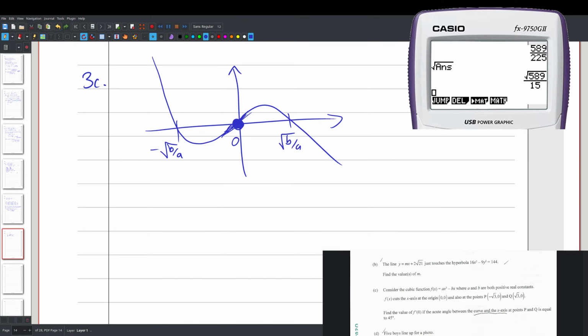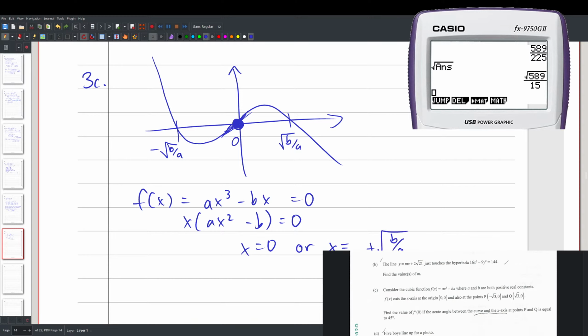So if negative root 3 is equal to negative root b on a, then, okay, I'll just write it out fully. If ax cubed minus bx equals 0, then x times (ax squared minus b) equals 0, so x equals 0, or x equals plus or minus root b on a.